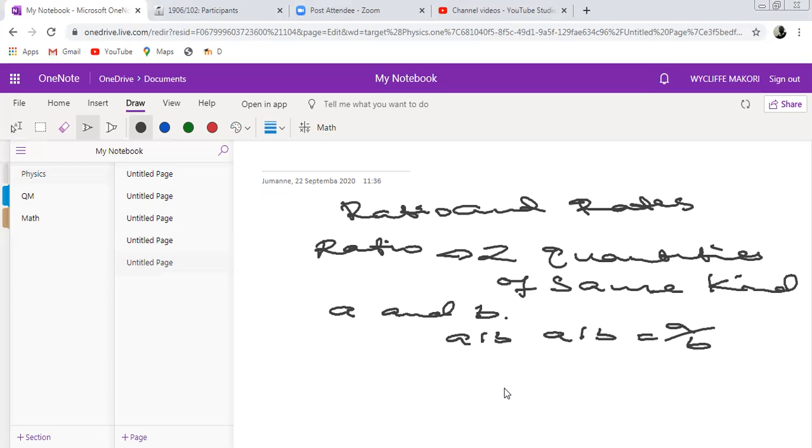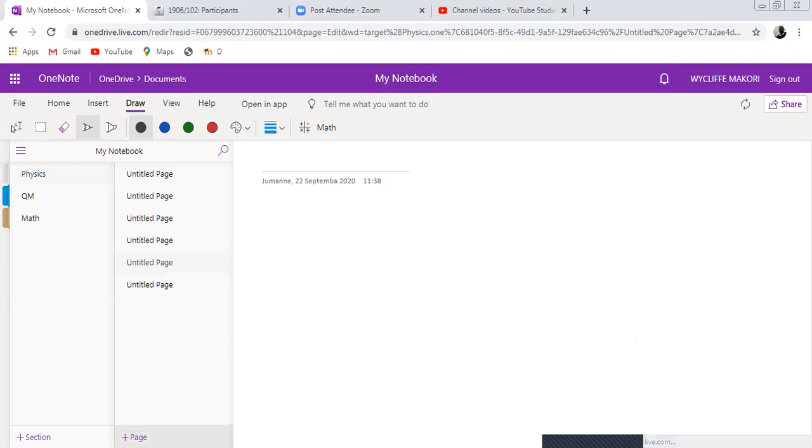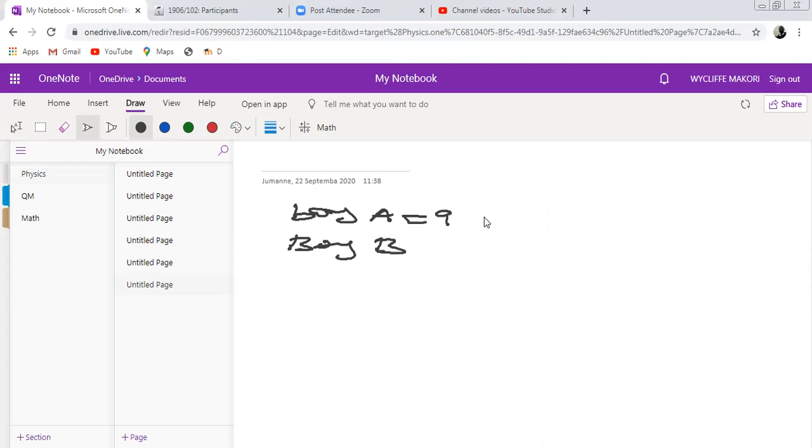We can have an example whereby you are told the height of two boys, boy A and boy B. For boy A, the height is 9 feet, and the other one is 8 feet.